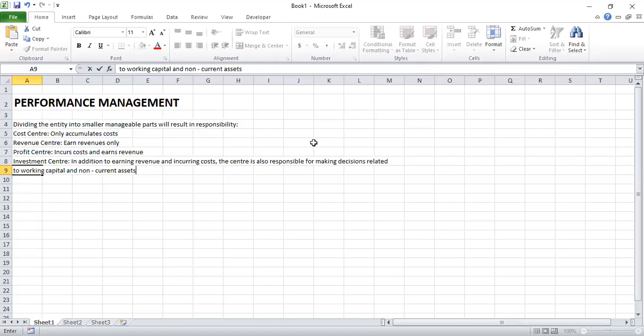So when we judge whether it's a revenue center, cost center, profit center, or investment center, we are focusing on the decision-making part. So it can be a revenue center because the costs that they are incurring are decided by top management. So they are only responsible for what? For the revenue. Is that right?